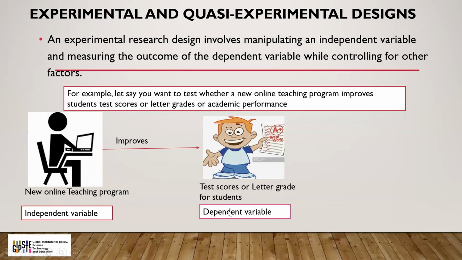The dependent variable that we want to observe is the change in student test score. So the researcher will be manipulating the independent variable, the new online teaching program, to see if it impacts or improves student test scores.